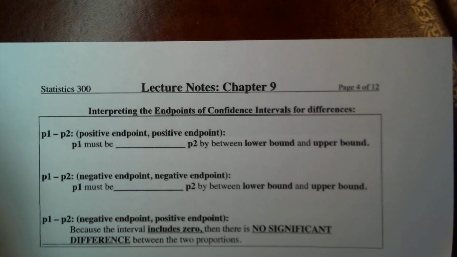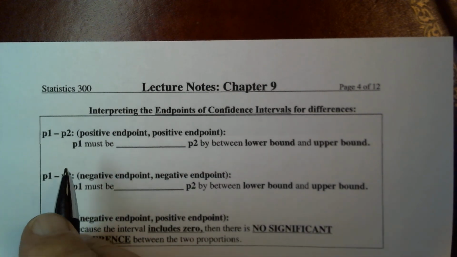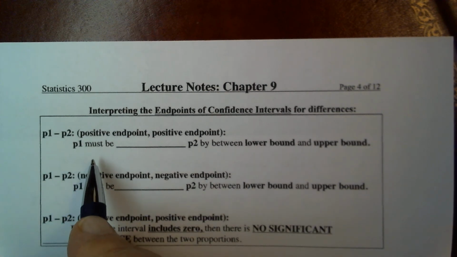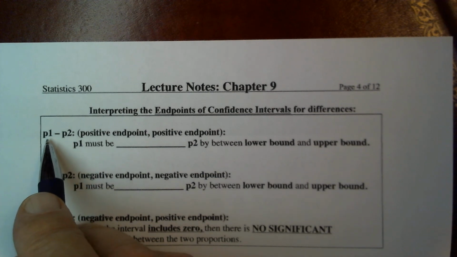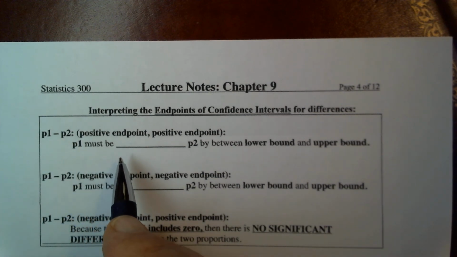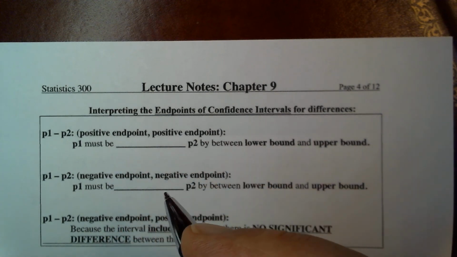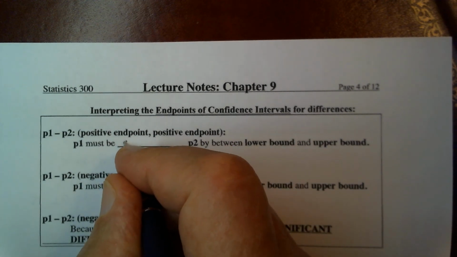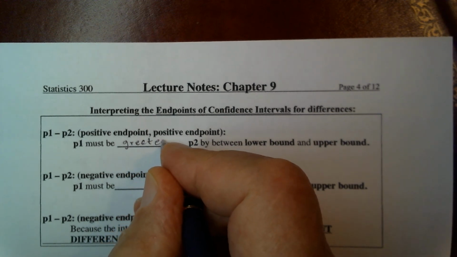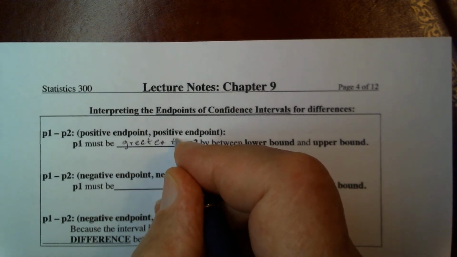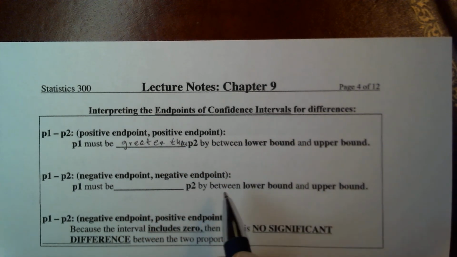Let's look at confidence intervals and what the endpoints mean. If both endpoints are positive for p1 minus p2, then p1 must be greater than p2, between the lower and upper bounds.